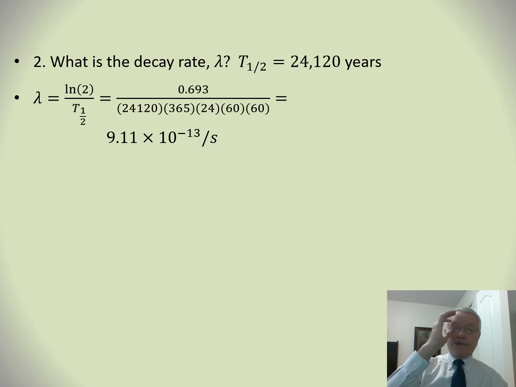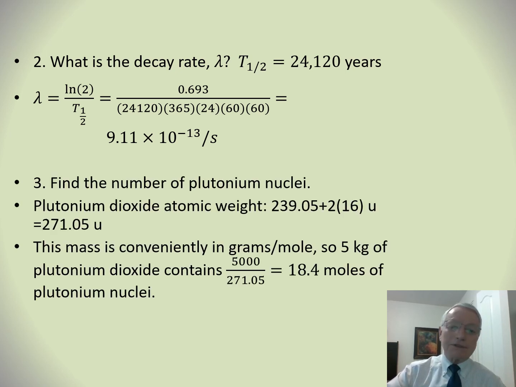So we take 0.693, log of 2, divided by 24,120 years, 365 days in a year, 24 hours in a day, 60 minutes in an hour, and 60 seconds in a minute to get it in seconds. This turns out to be 9.11 times 10 to the minus 13 per second, which is such a small number, it seems like it shouldn't actually count for very much.